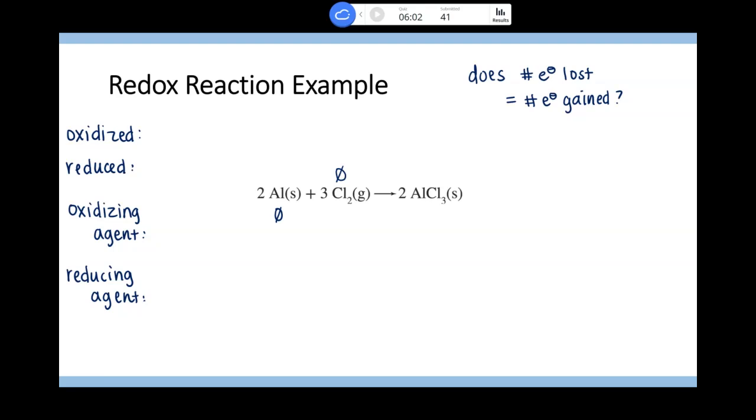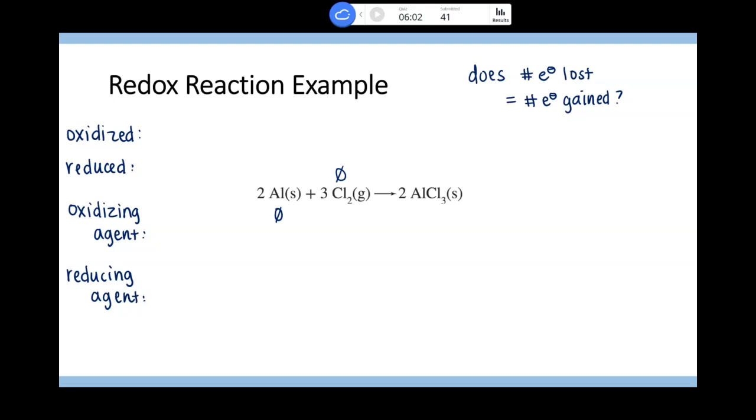Now when we go to aluminum trichloride, this is a binary ionic compound with a metal. So one of our special rules is that when we have a binary ionic compound, the nonmetal has the oxidation state equal to its ionic charge. So chlorine is the nonmetal, its ionic charge is -1.